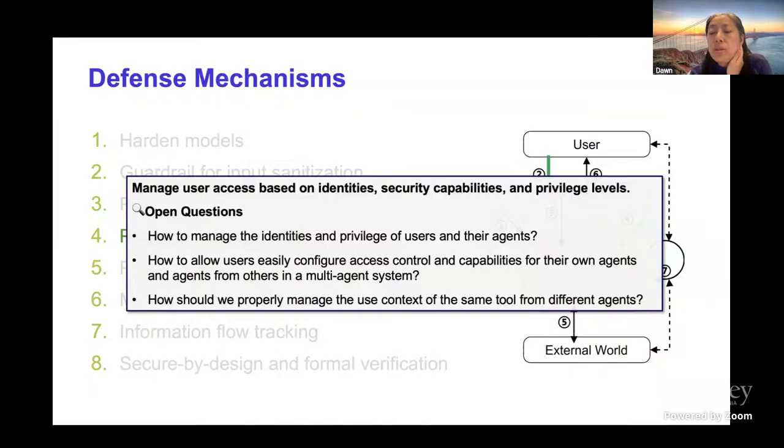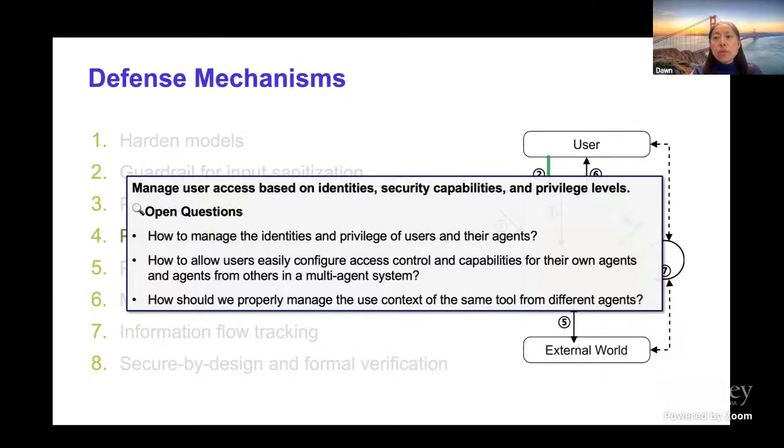In traditional computer systems, we have the notion of users, and different users have different identities, roles, security capabilities, privilege levels, and so on. When we talk about agent applications, similarly, we need to determine the identities, security capabilities, roles, and privilege levels of agents as well.